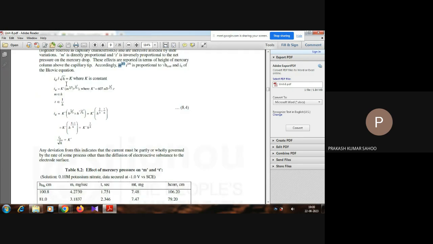Then ID by root over h is equal to K, and just go through these things, and at the end we have ID by root over h equal to K dash. K dash is another constant. These are h, the height, K is another constant, m is the rate of flow, t is the time in seconds, n is the number of electrons transferred, D is the diffusion coefficient. So these things are there, okay?